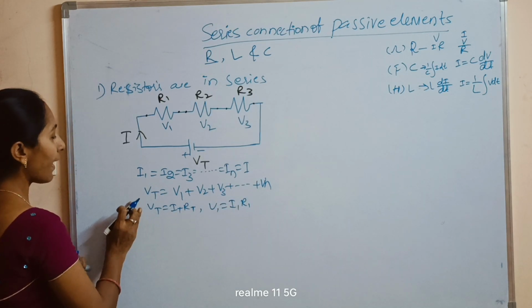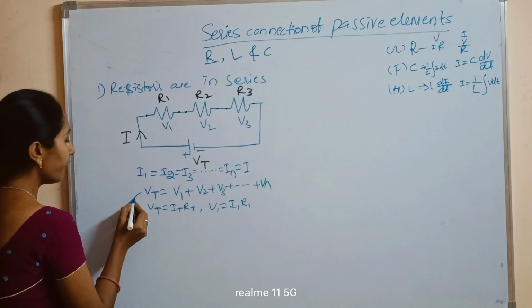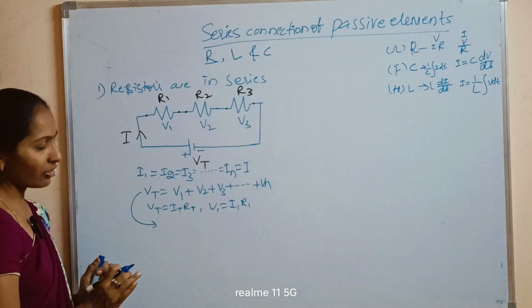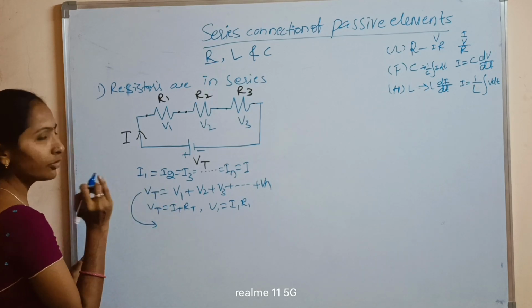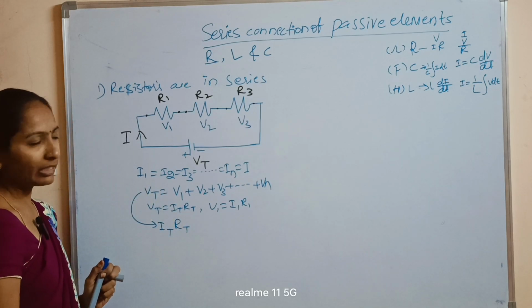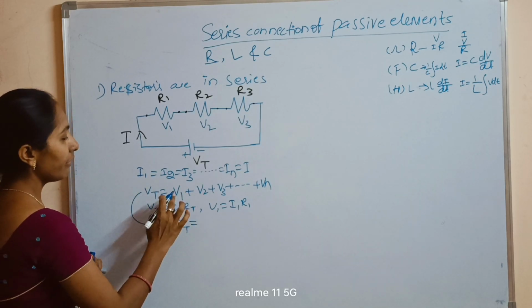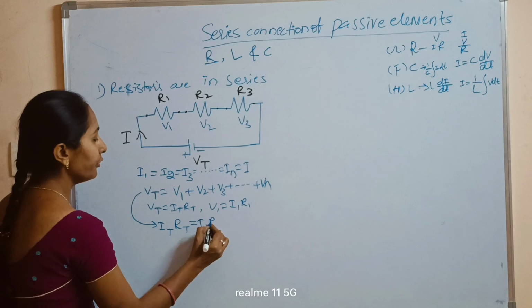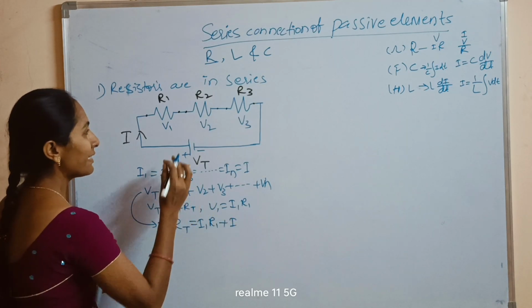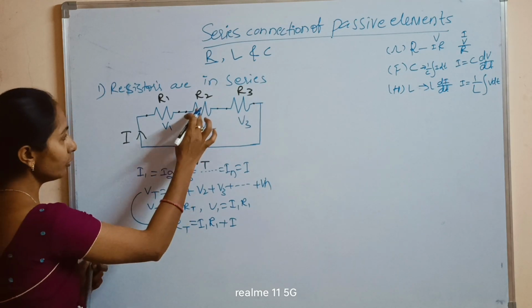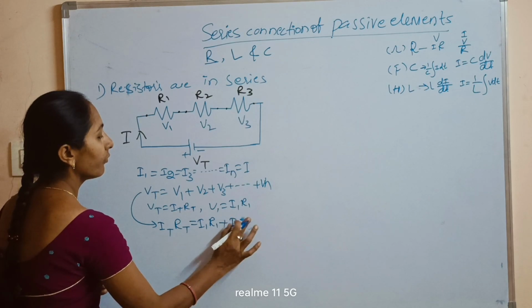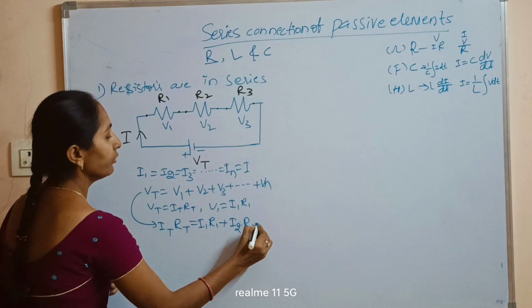Now just substitute these values in this expression. What do we mean by V total? The total voltage. According to Ohm's law, that is I total into R total. V1 is I1 into R1. V2, the voltage across resistor 2, is I2 into R2.